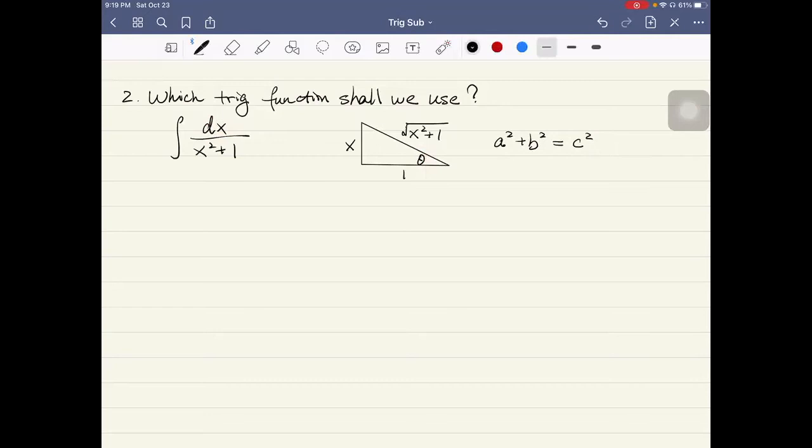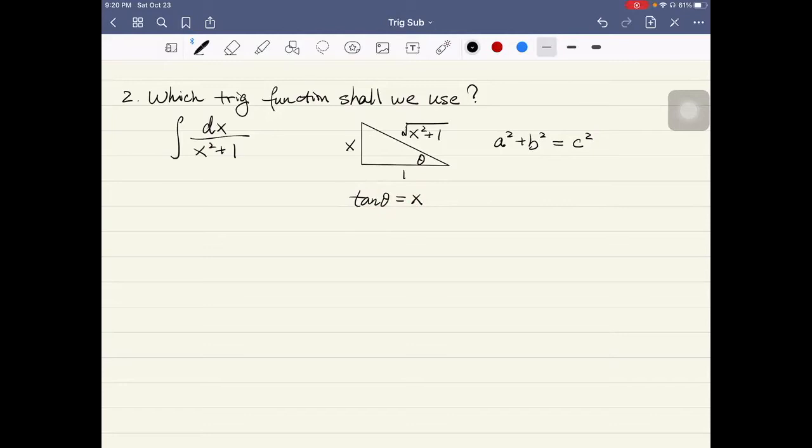The way to do that is to first find the simplest connection between x and theta. The simplest connection I can see here is tangent theta is equal to x. Okay, because tangent theta is equal to x over 1. Now, in order to get dx in terms of d theta, we're going to differentiate it. You can think of it as x to be a function of theta, and then we differentiate both sides with respect to theta.